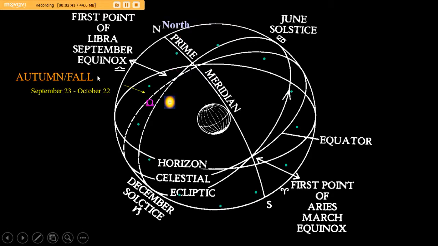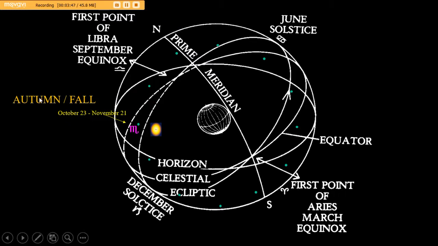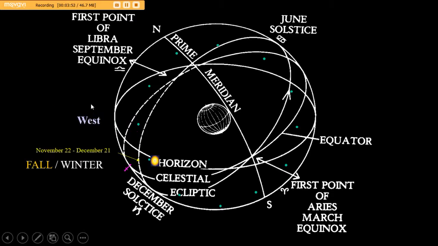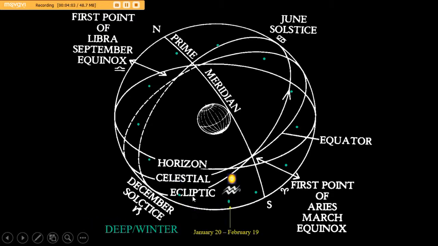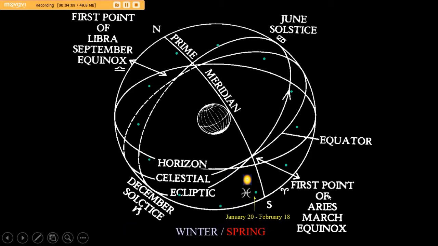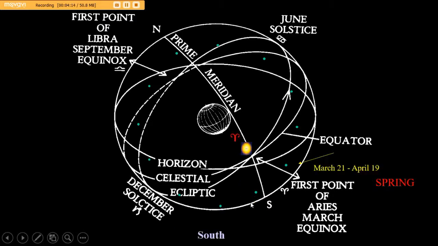Summer-autumn goes into autumn, Libra, as it comes around its cycle. Autumn, October, Scorpio, and then fall-winter, Sagittarius, and then it hits December, winter, the winter solstice, and goes into Aquarius as it returns toward winter-spring. It goes into winter-spring, Pisces, and then right back into spring. So that's the rotation.